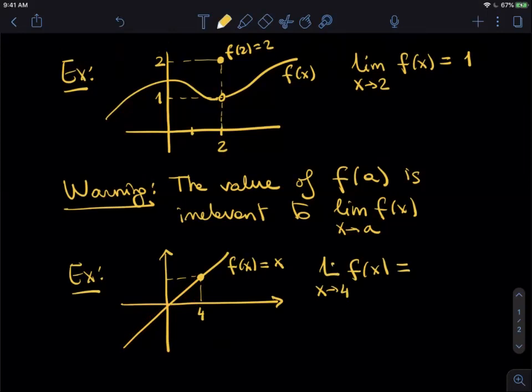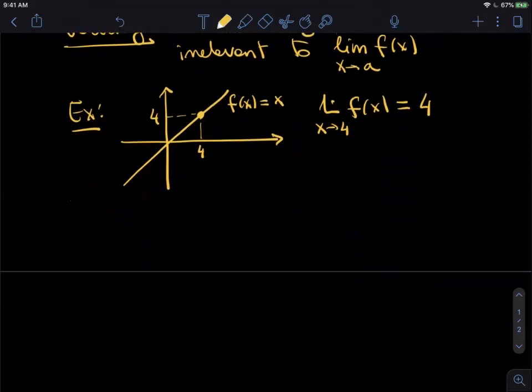And we can go from the right also, so they will be traveling this way. It looks like the limit will be the value at 4, which we know is equal to 4, so let's just write it down. In this case the function is continuous: we can trace the graph without lifting the pen from the paper. But again, I could decide to redefine it at x equals 4 and use a different point. The limit would be unchanged.